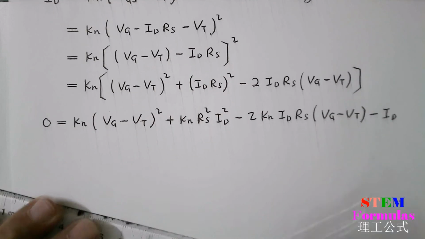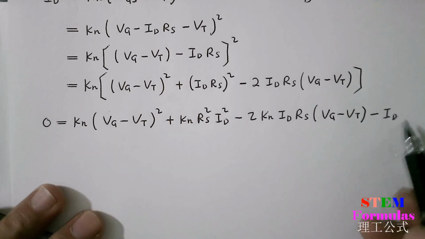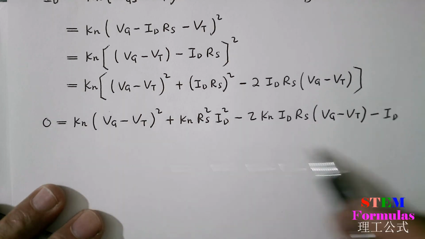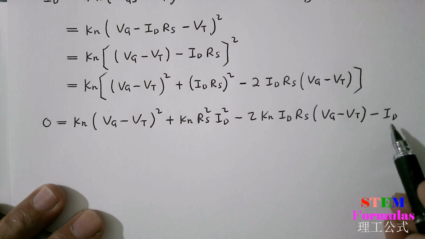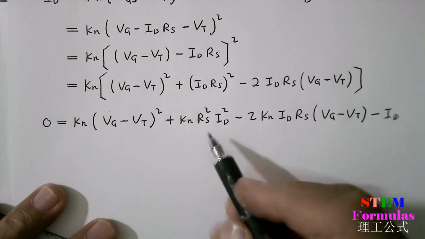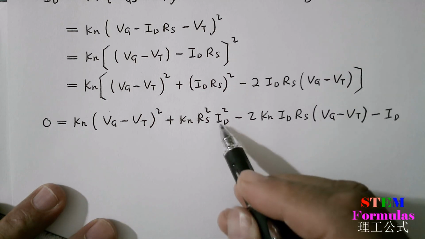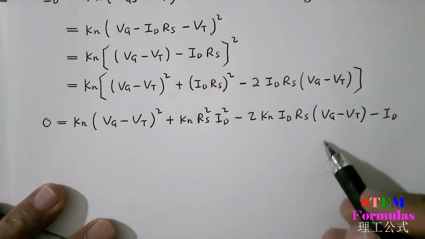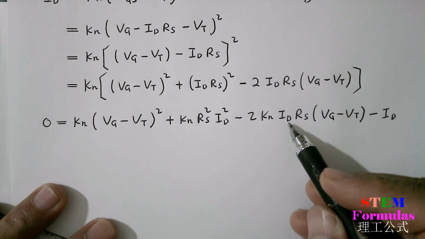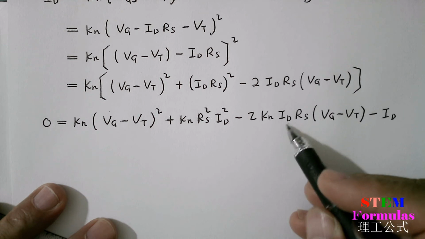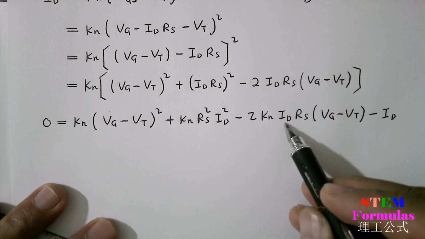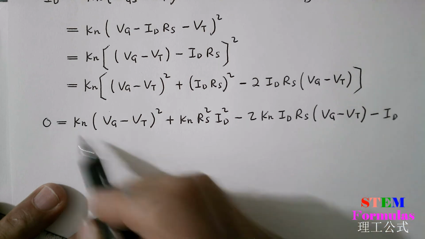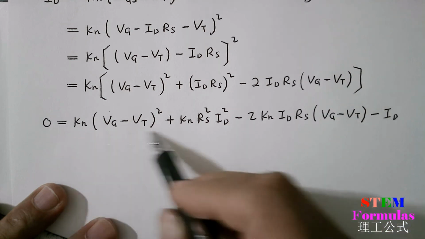Now in this case, this equation is a quadratic equation in the variable ID. So ID squared, and here is ID and ID here. This term has no ID.